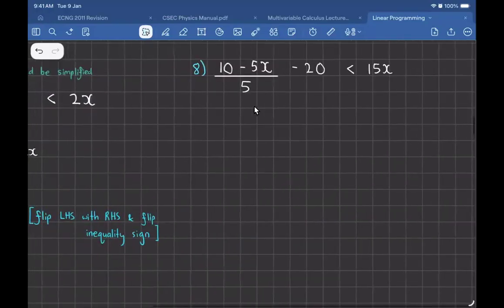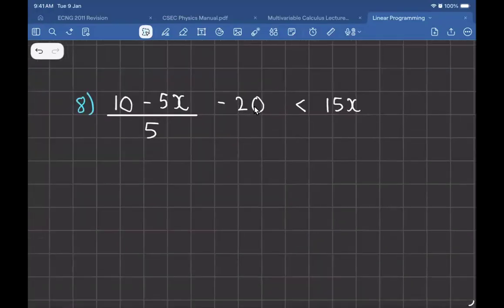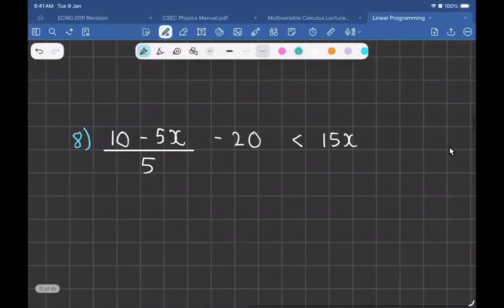So tell me, Shayna, in this question, what do you want to do? I have multiple ways you could do it. I guess multiply by 5 since that's what we've been doing. Okay, multiply by 5. Yes, we can multiply by 5.